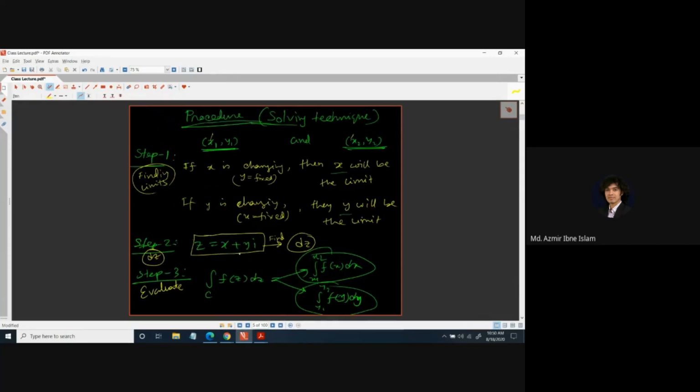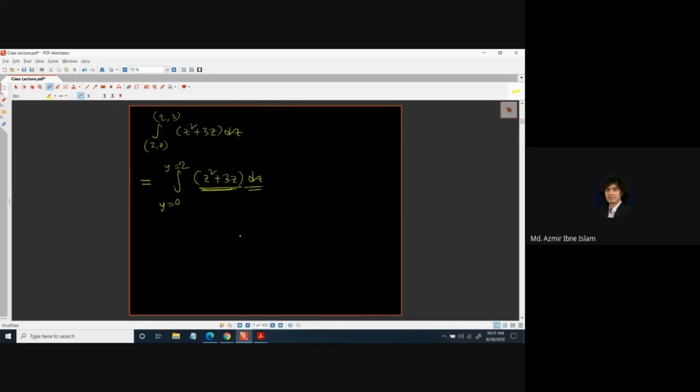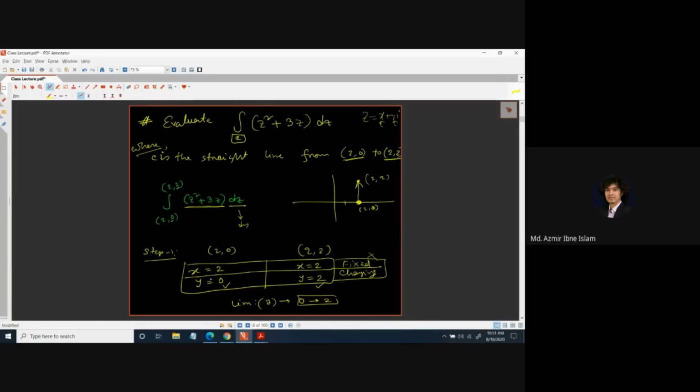Step 2 says that we always have z equal to x plus yi, that is the base form. From this, we need to find dz by inputting the fixed value first. So let's figure it out. Here we have z equal to x plus yi, and we have x equal to 2.